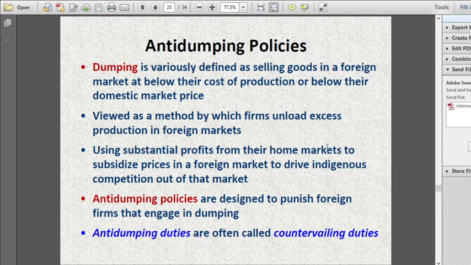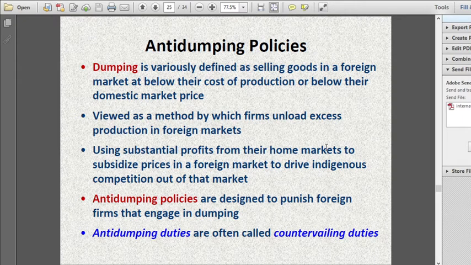Example, no? Yung bibili ka ng rice sa ibang bansa, pero mas mababa siya. Mas mababa yung price ng rice na yon kaysa dito sa ating domestic market. One of the effects nito is mas binibili yung mga foreign goods kaysa sa domestic market.